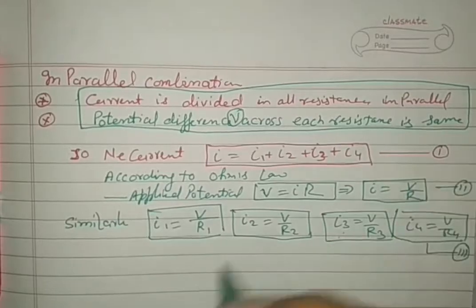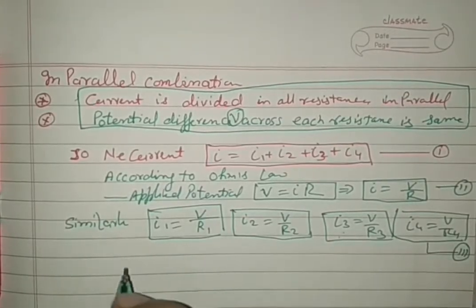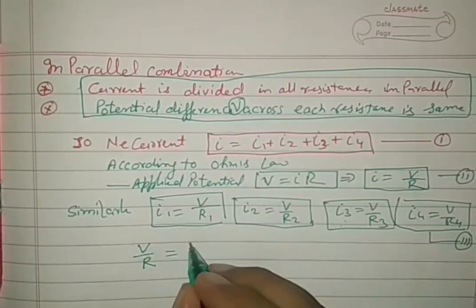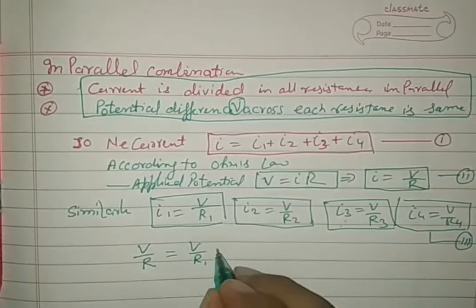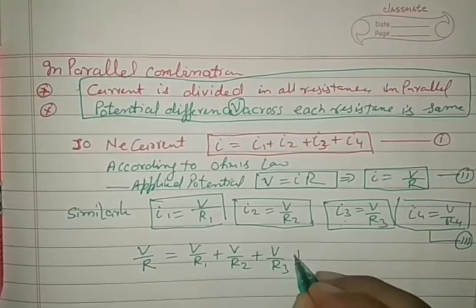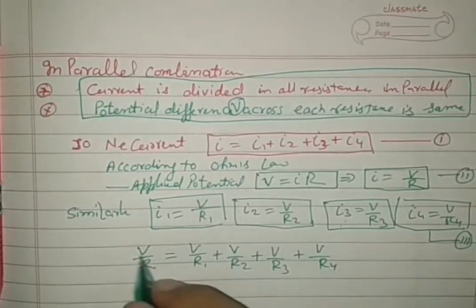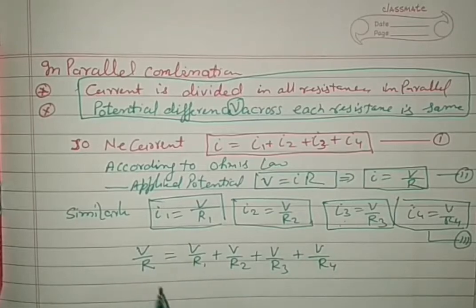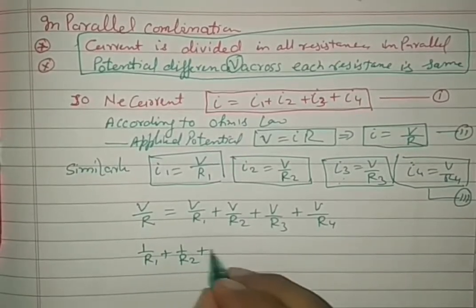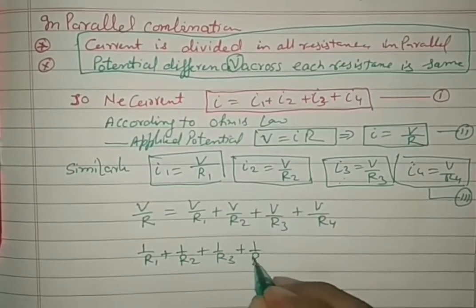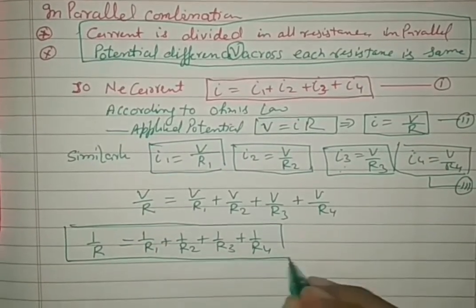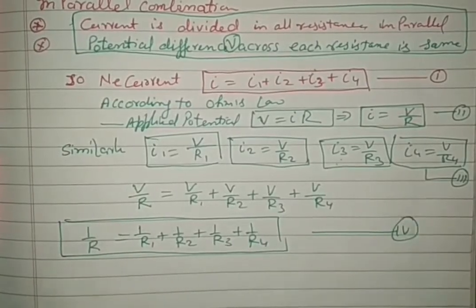Putting these values in equation number 1, we may write: in place of I, we put V by R is equal to V by R1 plus V by R2 plus V by R3 plus V by R4. So V is common everywhere and may cancel. So we may write 1 by R1 plus 1 by R2 plus 1 by R3 plus 1 by R4 is equal to 1 by R. This is represented by equation number 4.